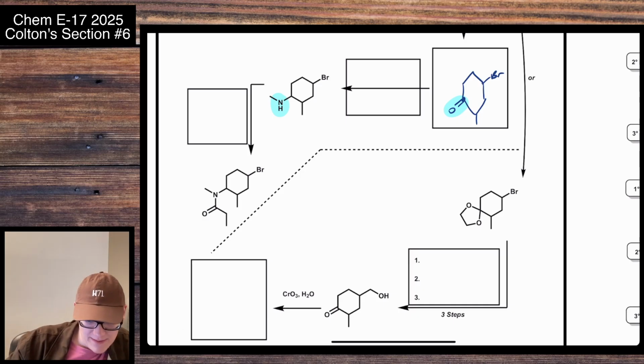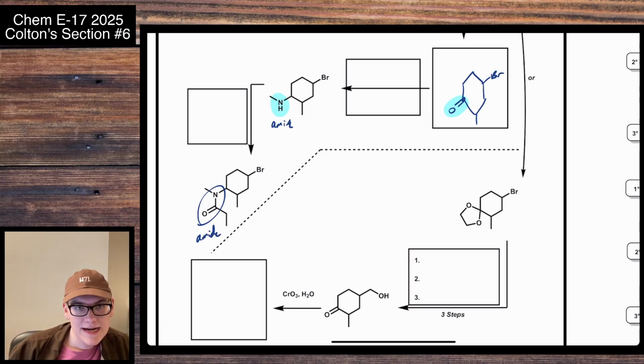Then we are going from an amine over here to an amide. So I know amine to amide, in my reaction family, we make amides primarily from acid chlorides. So what I'm going to do is cut along the amide bond from the N to the carbon with the carbonyl. And on the carbonyl side, I'm going to put a chlorine.